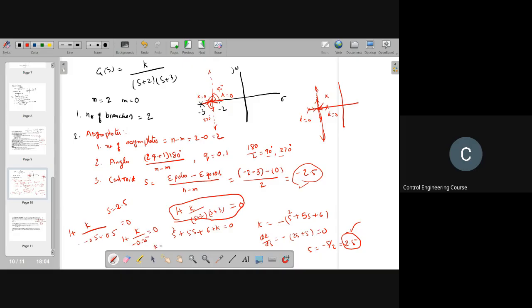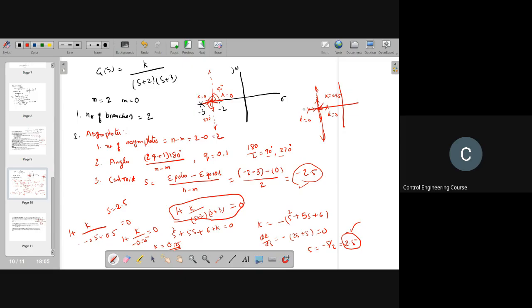Then k will be, so minus 0.25, that is k equal to 0.25. So that means at this point the k value is equal to 0.25. Is it clear?